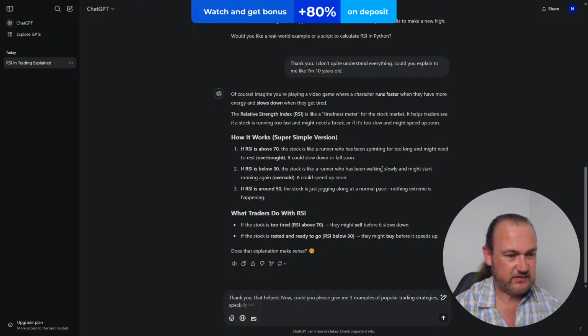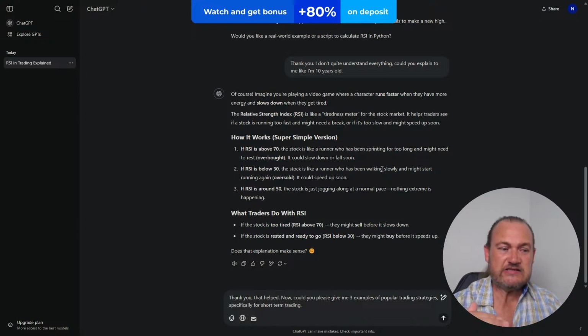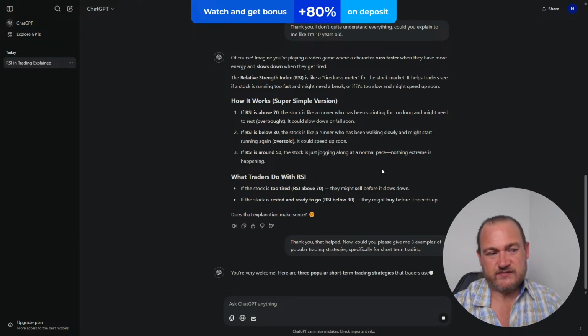And we want to focus specifically for short-term trading. So short-term trading will be intraday traders. So it shouldn't be like for 1 hour and 4 hour charts. Let's see what she gives us.